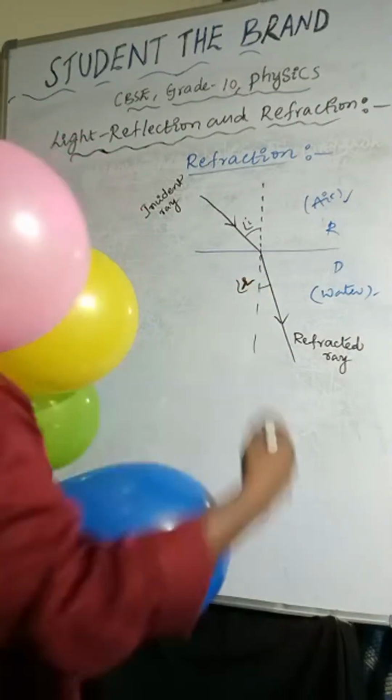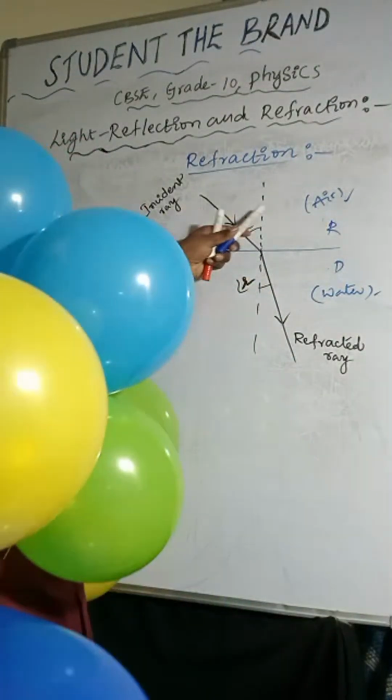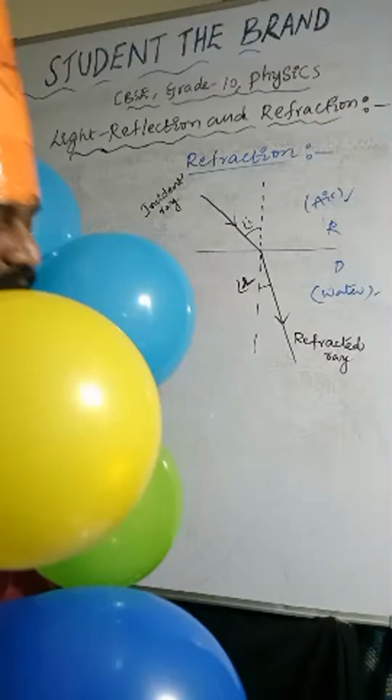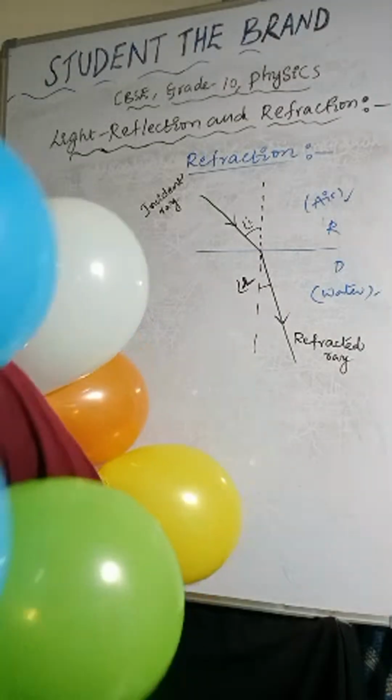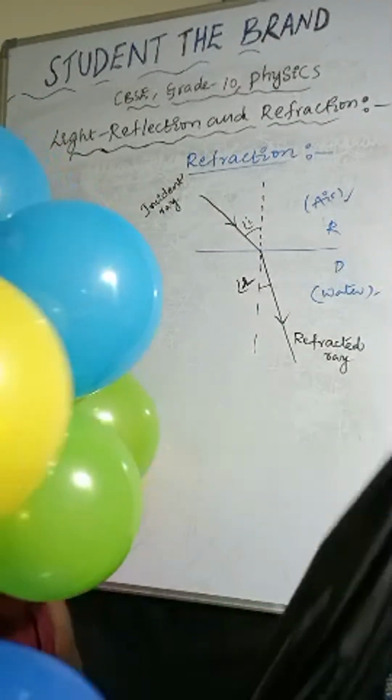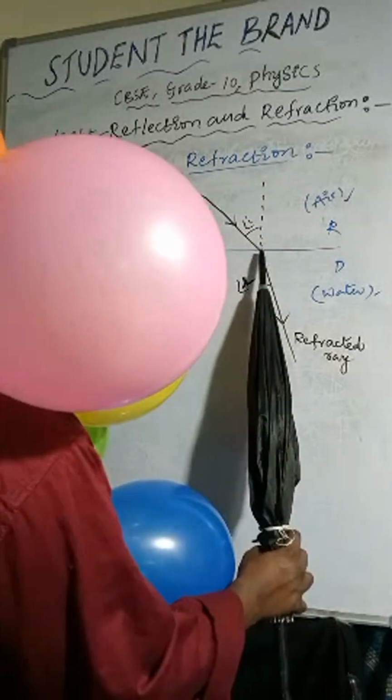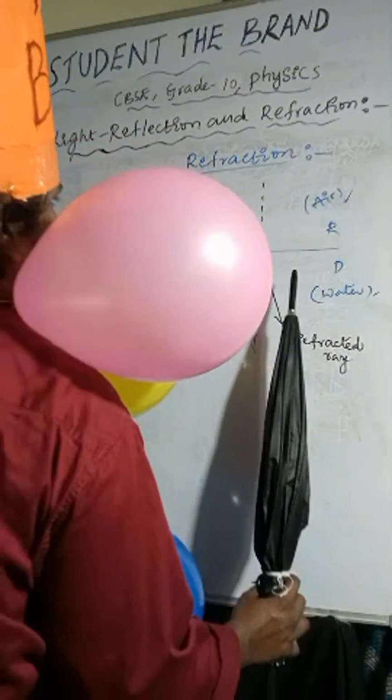The light ray is moving from the rarer medium to the denser medium. At the interface of the two media, it will bend. At this point the light ray changes its direction.